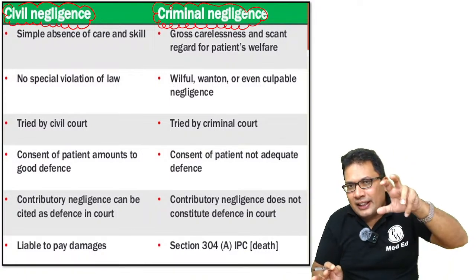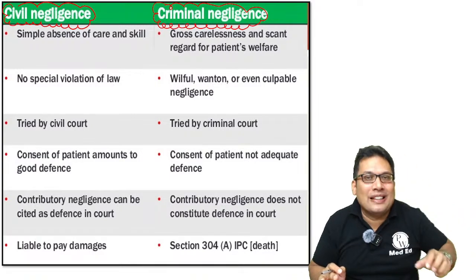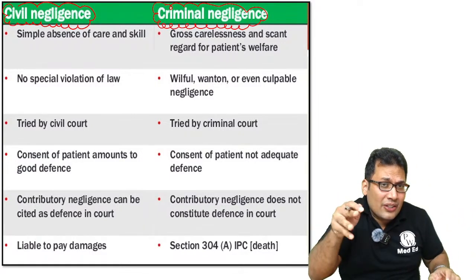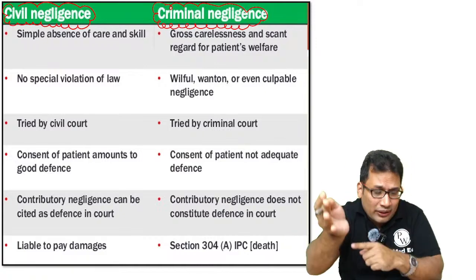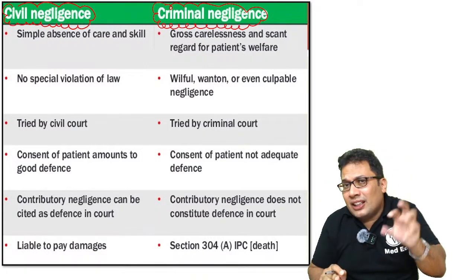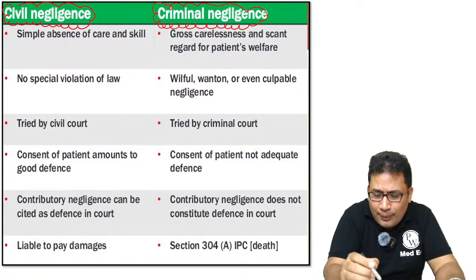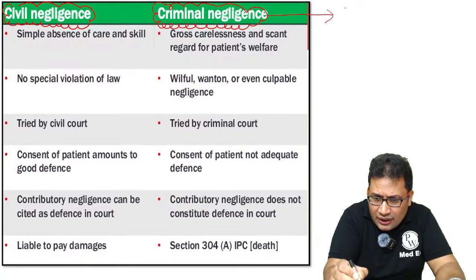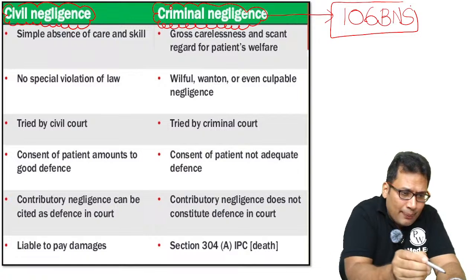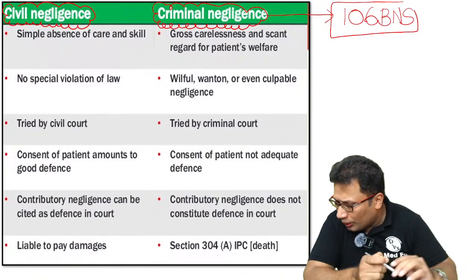In the civil court, the patient asks for compensation. In criminal negligence, the case is between the state and the doctor, and the punishment is imprisonment as well as fine. Remember, criminal negligence is basically your 106 BNS. Civil negligence is basically the consumer court.